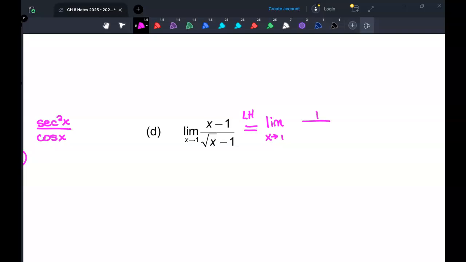Now the derivative of the square root of x, which is x to the 1/2, is 1/2 x to the negative 1/2, or 1 over 2 root x. Of course, we can take the reciprocal, so we get 2 root x, and that results in 2.